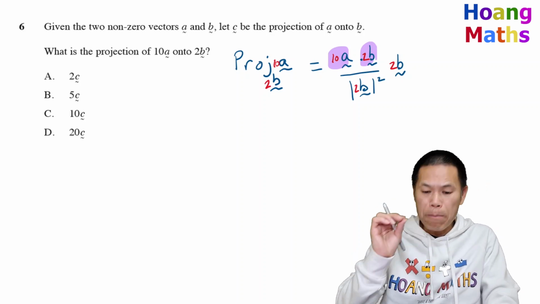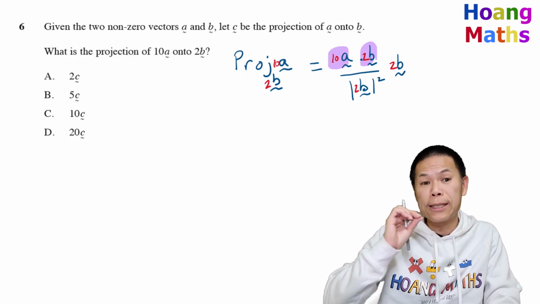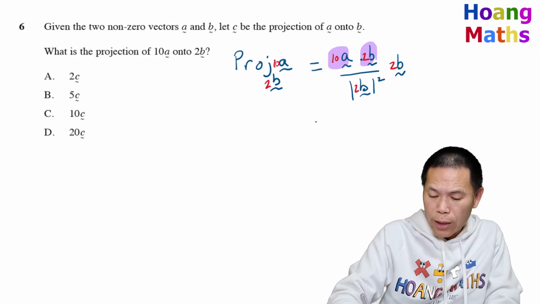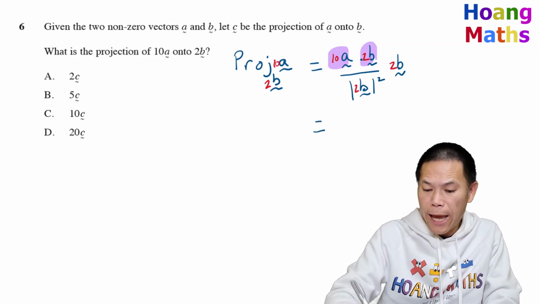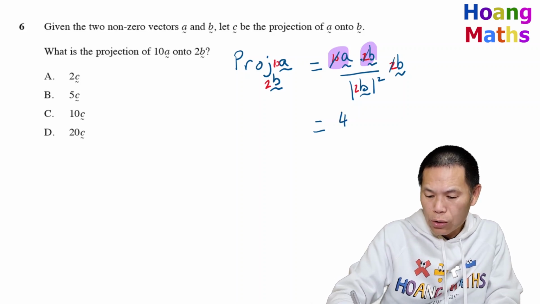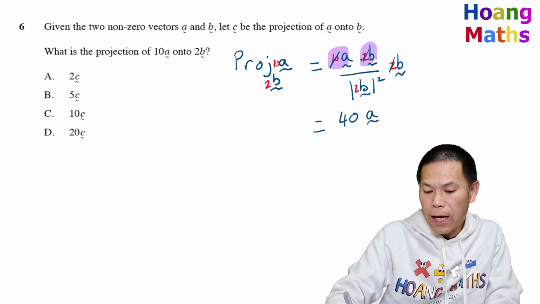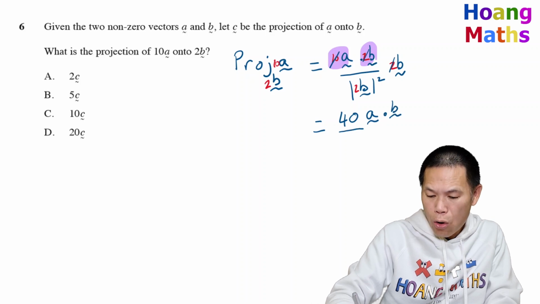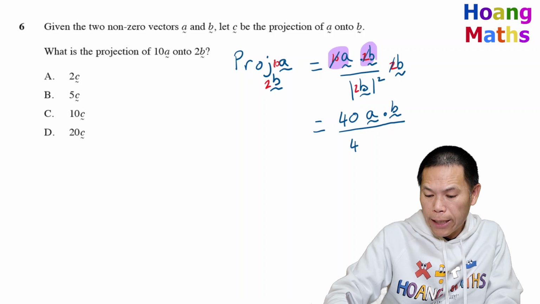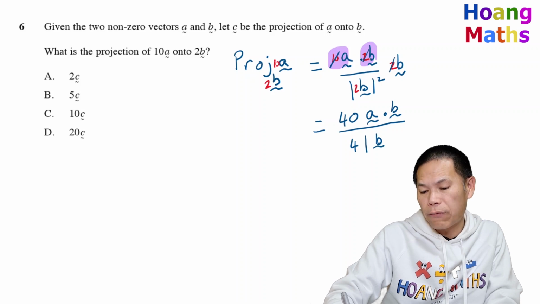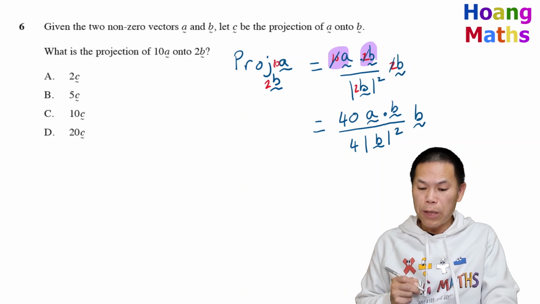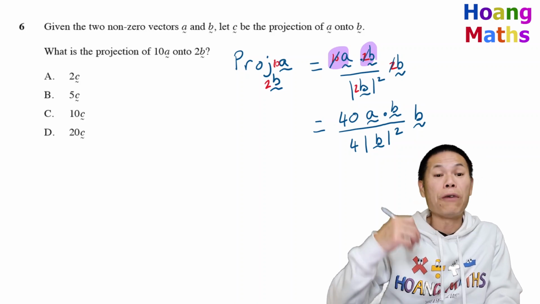Now remember, 10 and 2 are just scalars, so we can simplify them. 2 times 10 is 20, times 2 is 40, so we have 40 times vector A dot vector B over, and the 2 squared gives me 4, so magnitude of vector B squared. And don't forget, this is vector B, and we can simplify this.